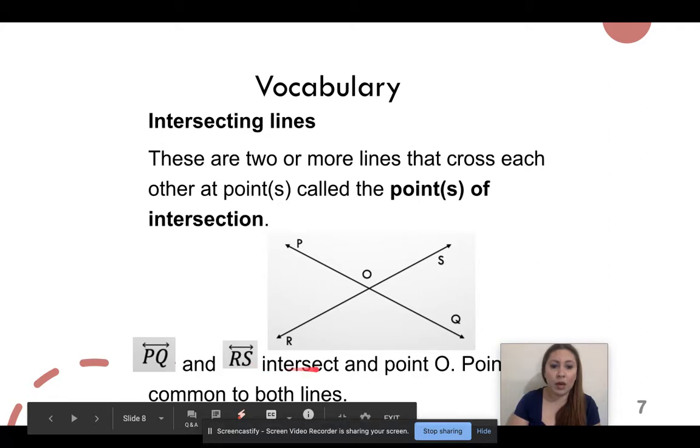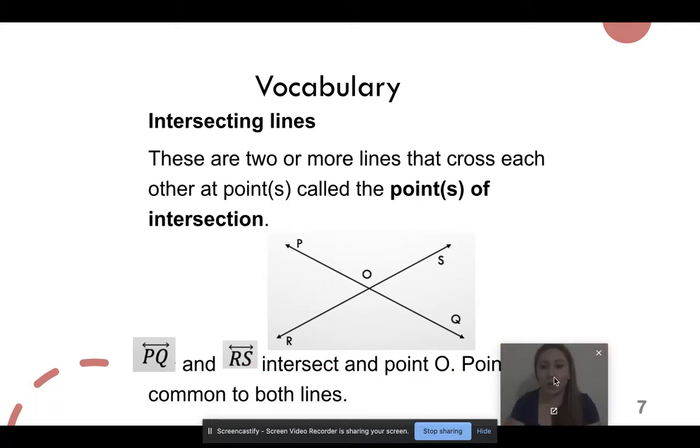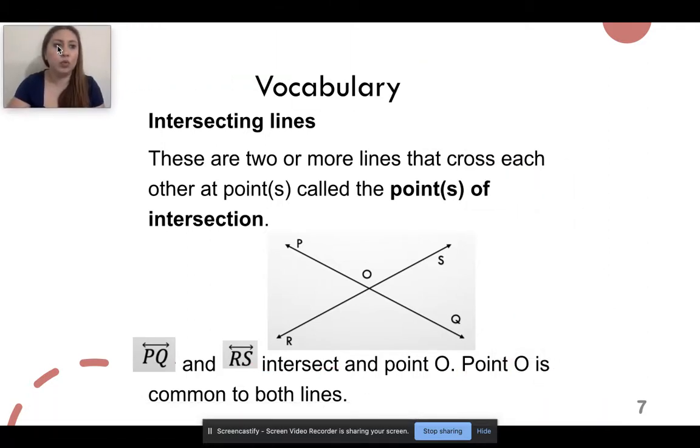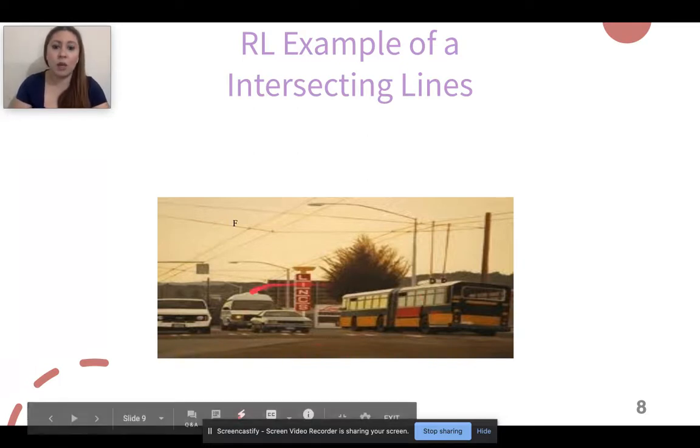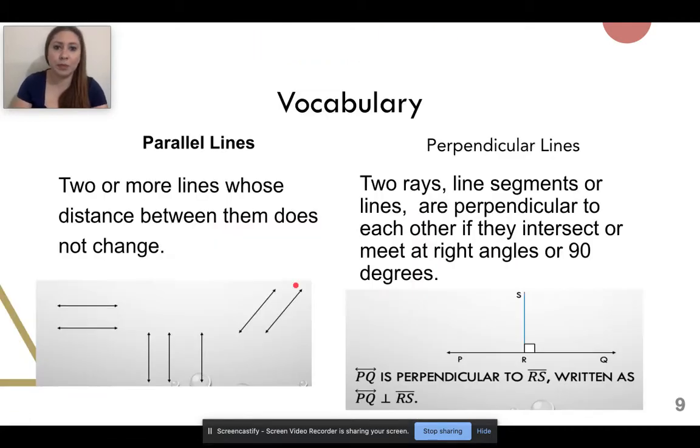PQ and RS intersect at point O. Point O is common to both lines. A real life example of intersecting lines would be a four-way intersection on the road. That should help you guys out.